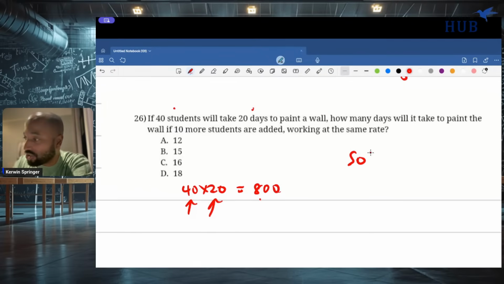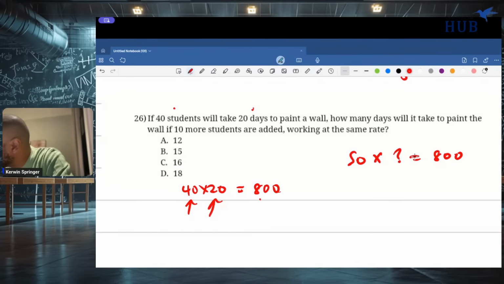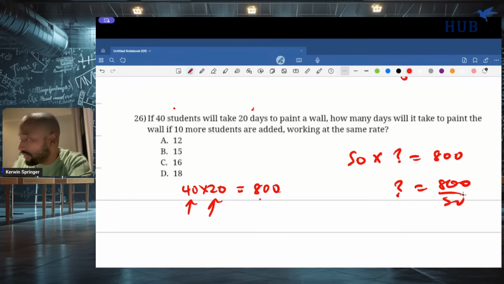So you need 800 student days. 50 times some mystery number must equal 800 student days. 50 times what? Was it 16? So 800 divided by 50 is 16. So the answer is C. We did this one yesterday.